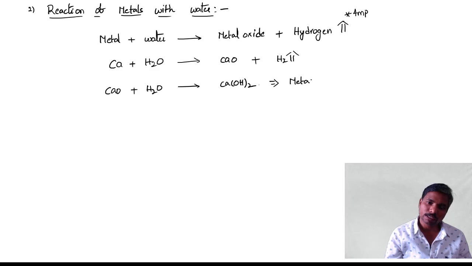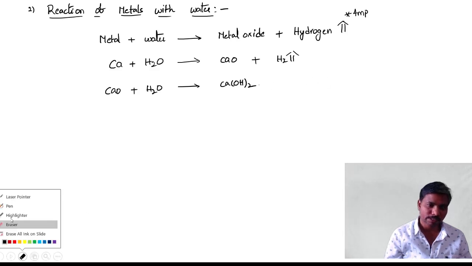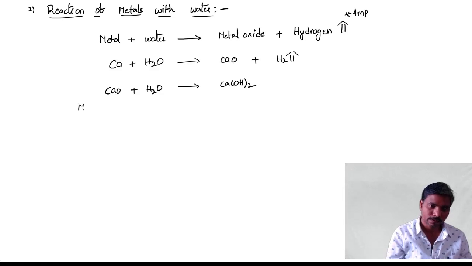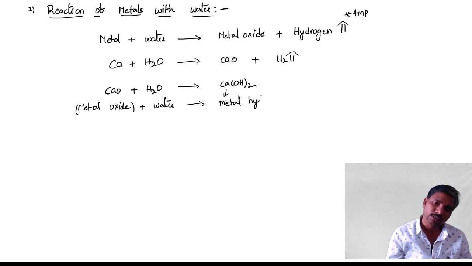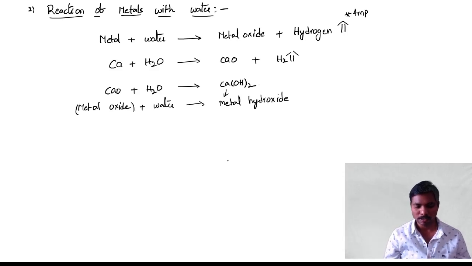Let us take the downside of that one only. Calcium oxide is the metal oxide. Metal oxide reacts with water, then you will get metal hydroxide. Metal hydroxide.